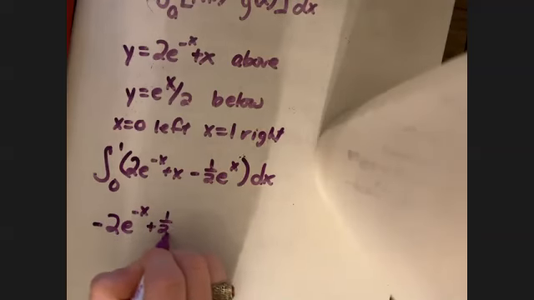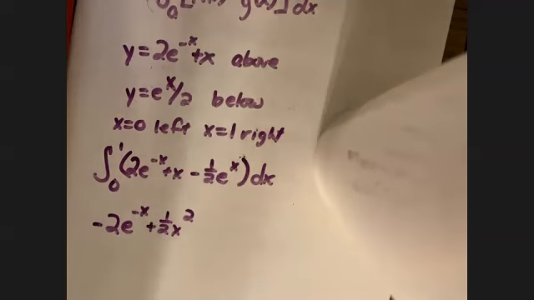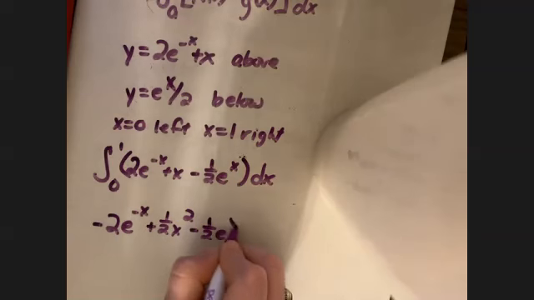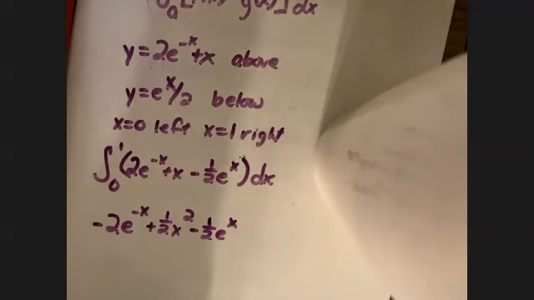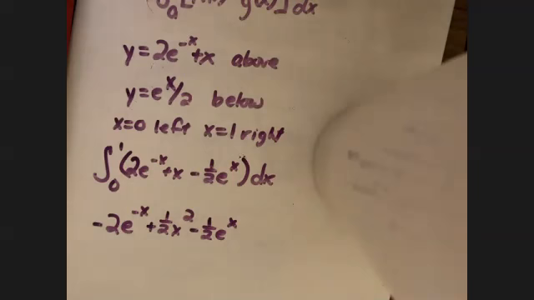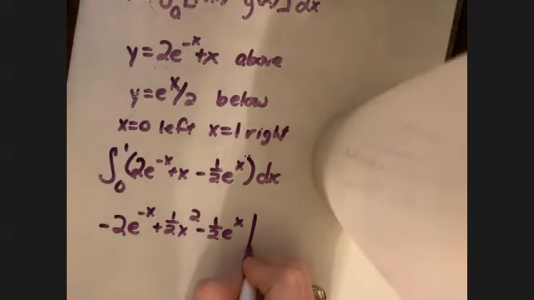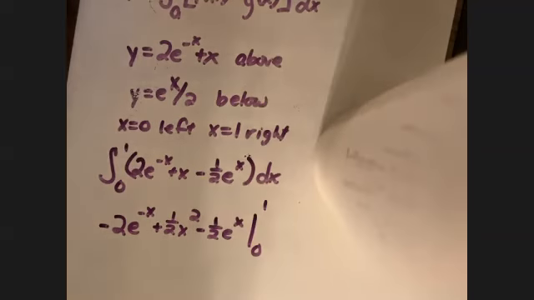Plus 1/2 x squared minus 1/2 e to the x, because that's, again, just kind of a constant that's going on there. And then this is evaluated from 0 to 1.